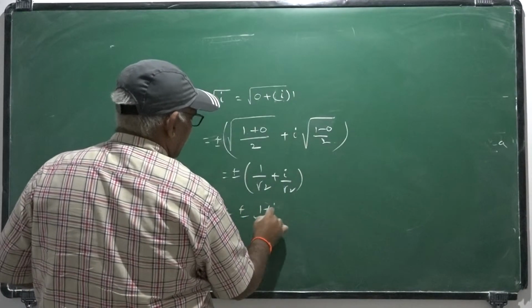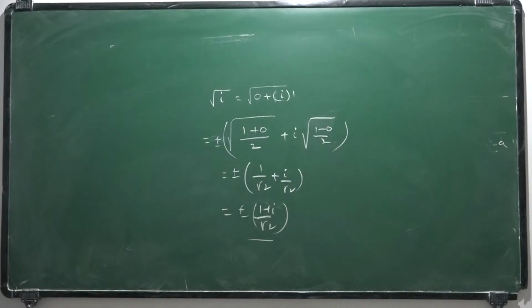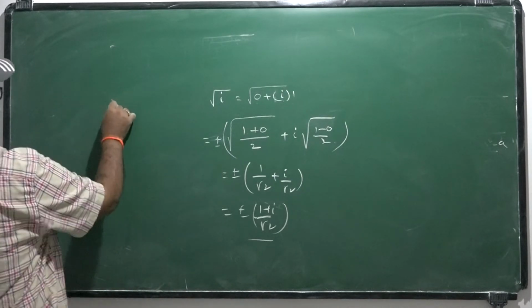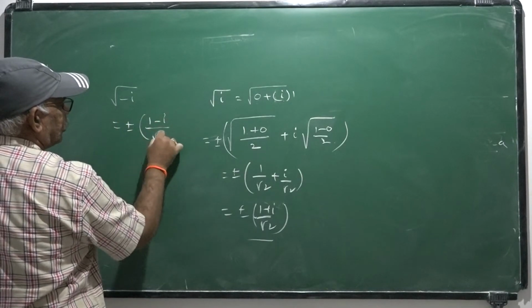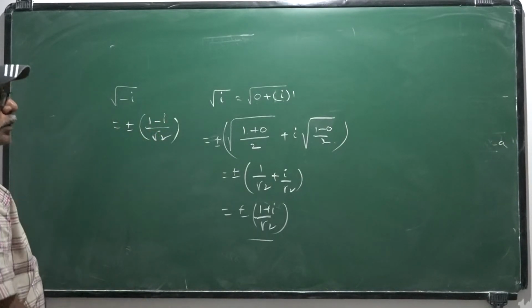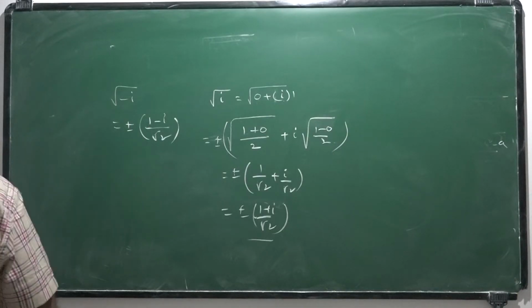Plus or minus (1 plus i) by root 2 is the required root i. Like that, for root of minus i, it is plus or minus (1 minus i) by root 2. So in such a way you can find the square root of a complex number.